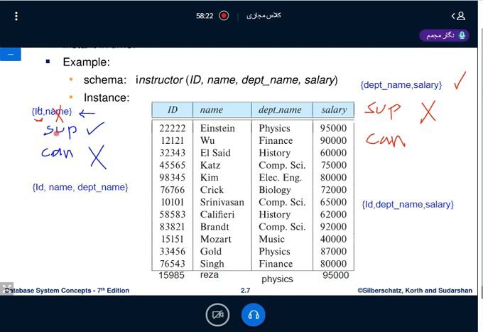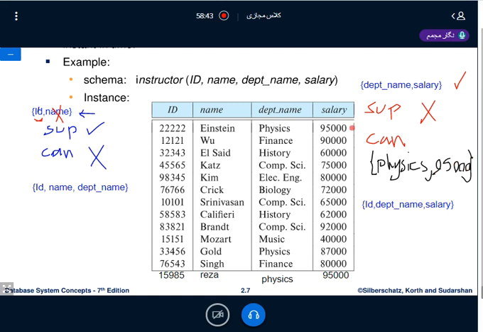Okay. Then with this data, if I, for example, have data where the dept name is physics, and the salary is 95,000.